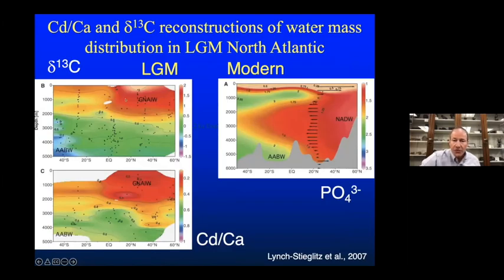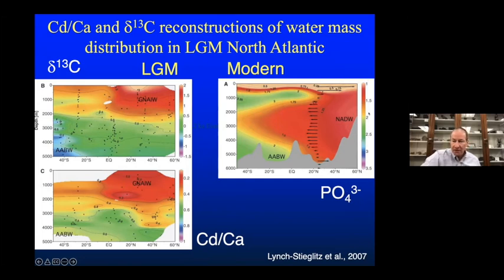And multiple lines of evidence, multiple types of measurement, including carbon isotopes, including the ratio of cadmium to calcium, which tends to co-vary with phosphate. So cadmium is like a paleo proxy for the phosphate measurements that we see in the modern ocean.